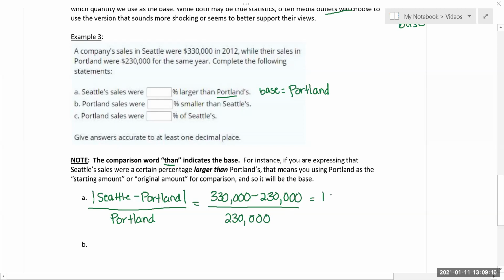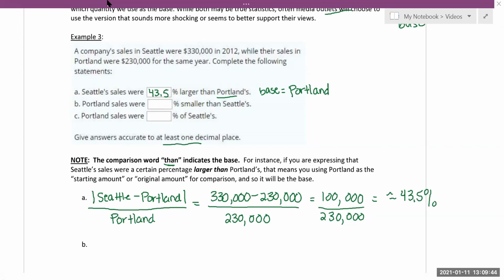So the difference is 100,000 over 230,000, which if we divide is about 43.5%. I did one decimal because it asked for one decimal. So if you're the Seattle branch manager, you're now saying we did 43.5% better than Portland.